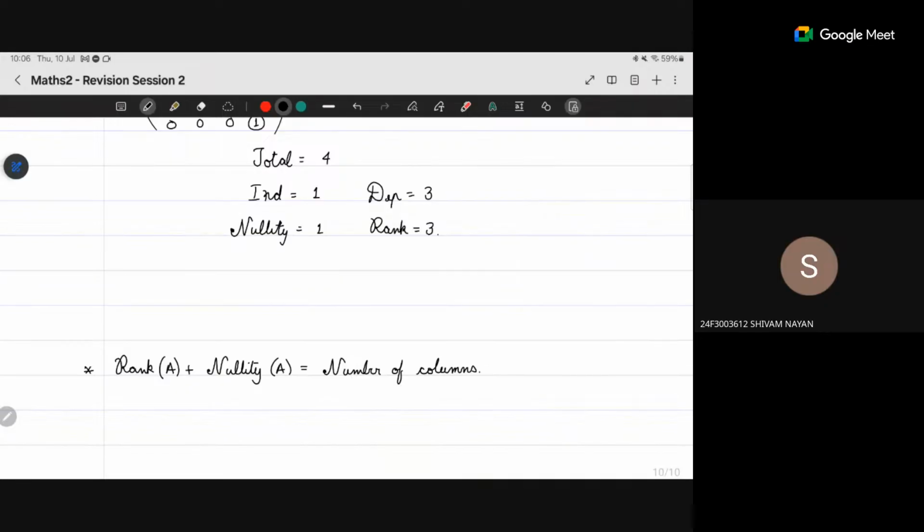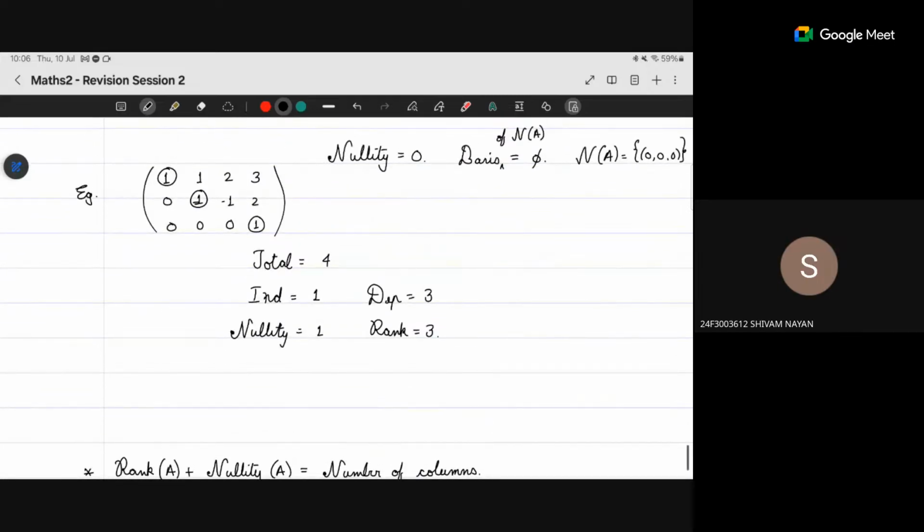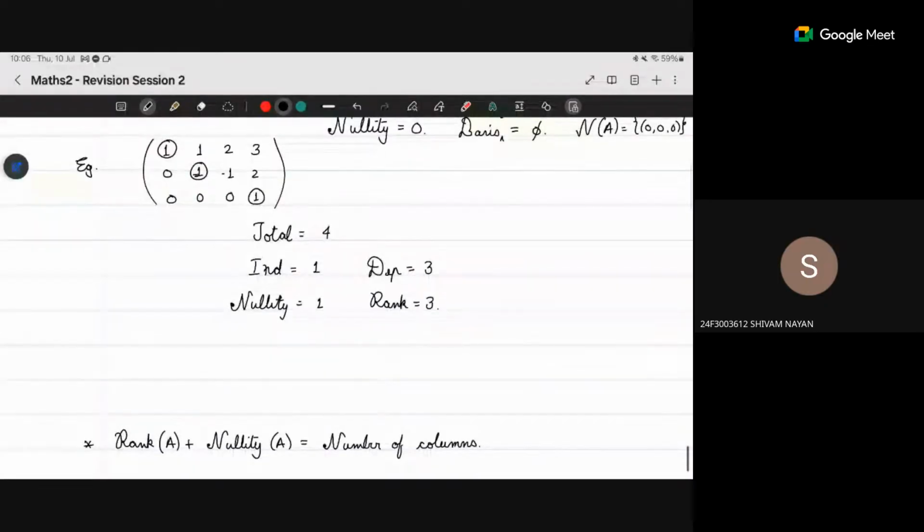And both rank and nullity, the way to compute it is to get the REF and look at whichever you're interested in, dependent or independent variables. Now, how to construct a basis for the null space?